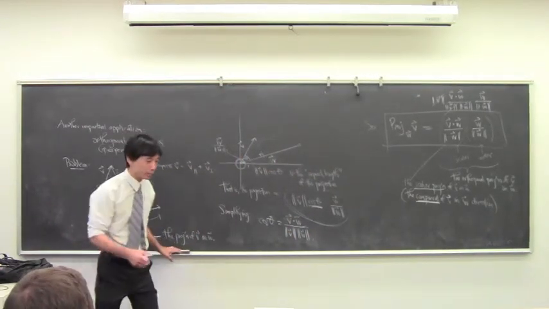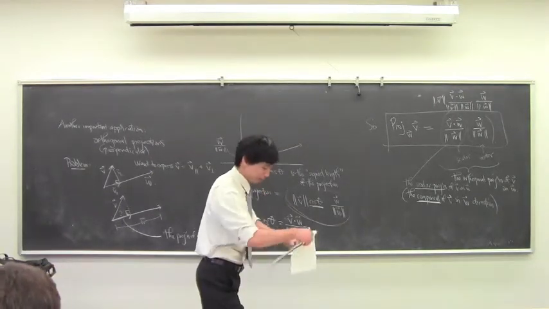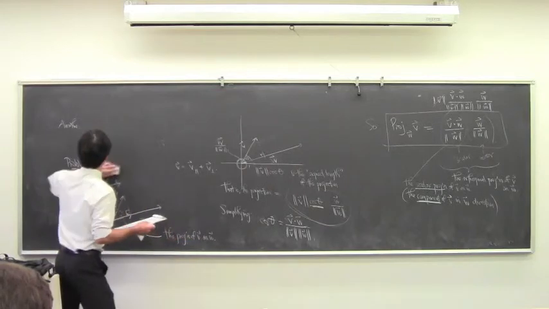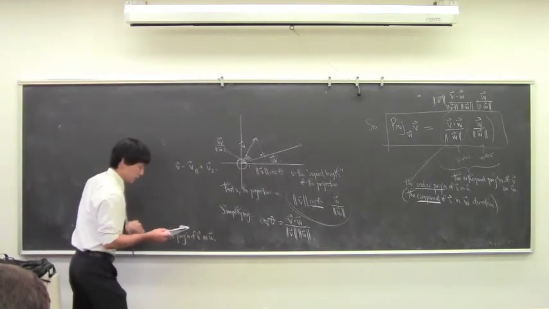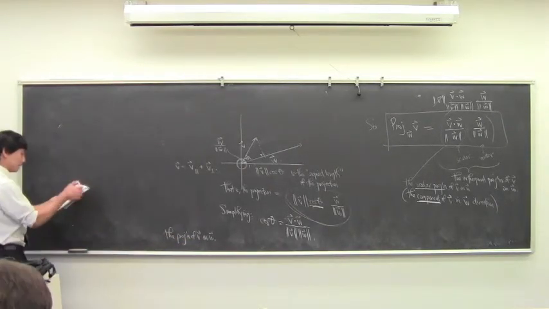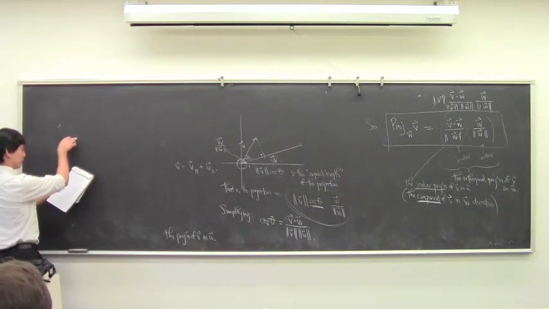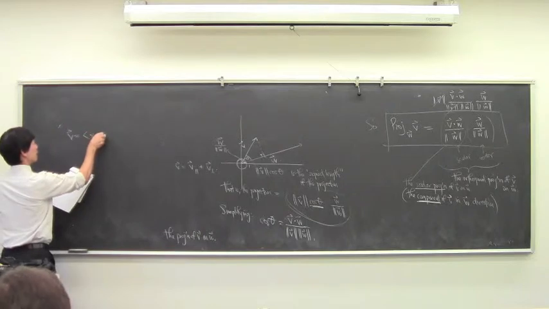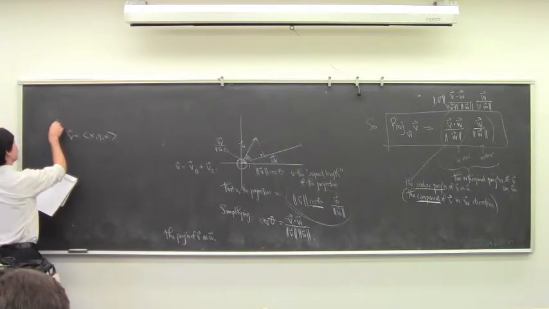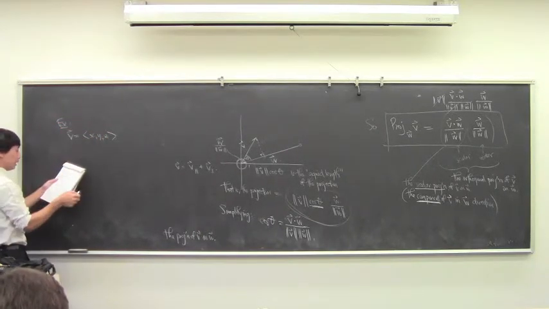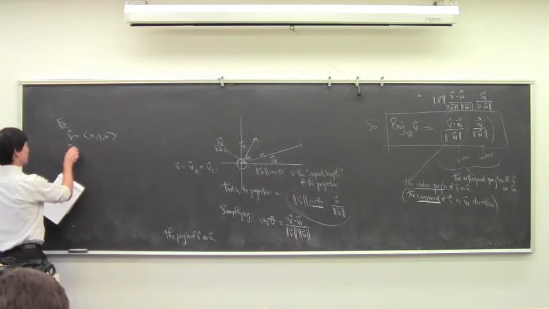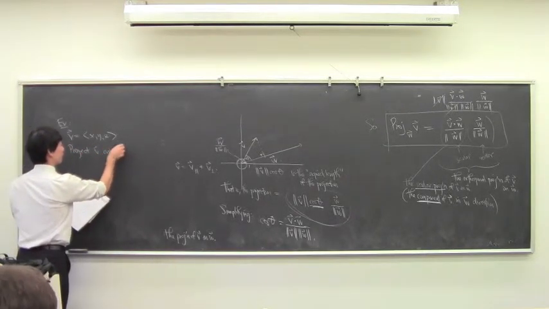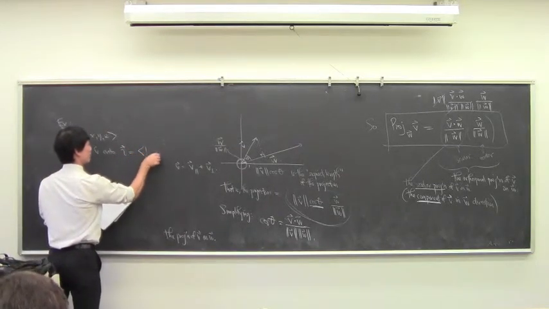Let me do a very simple example. Let's do a very dumb example. Let's say V is just x, y, z, and we project V onto 1, 0, 0.